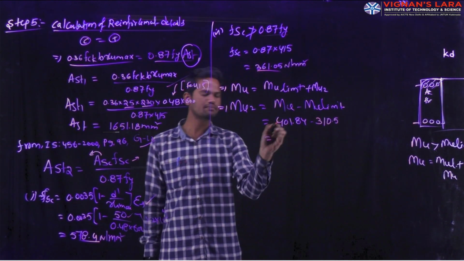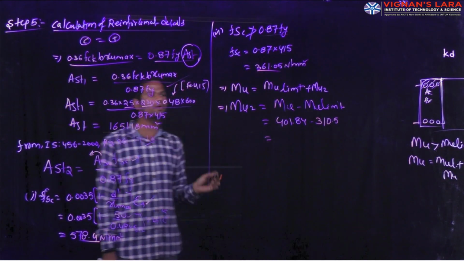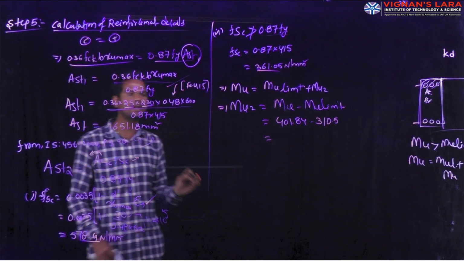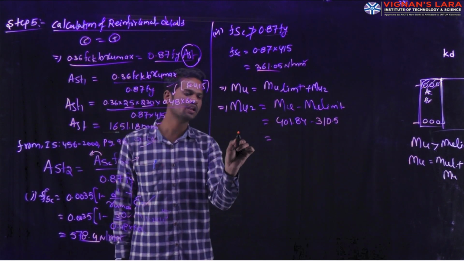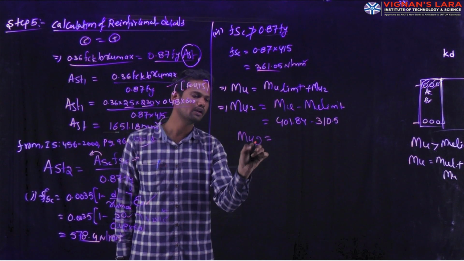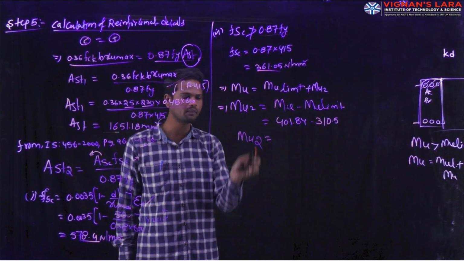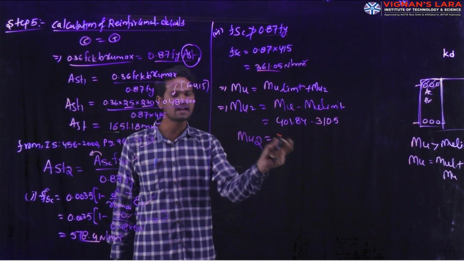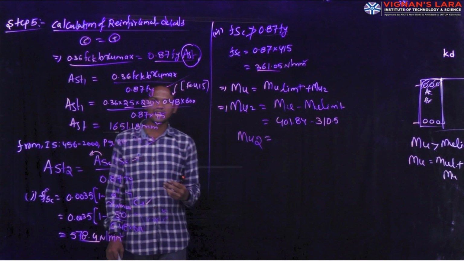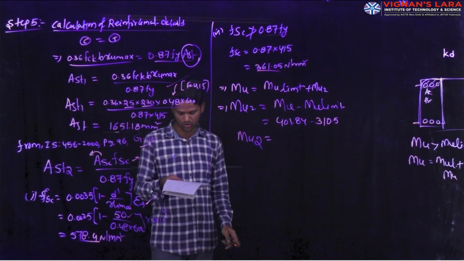If you subtract the limiting moment from the total moment, we get the additional moment acting on the beam, which we are naming Mu2. For this additional moment we have to provide the additional steel reinforcement.